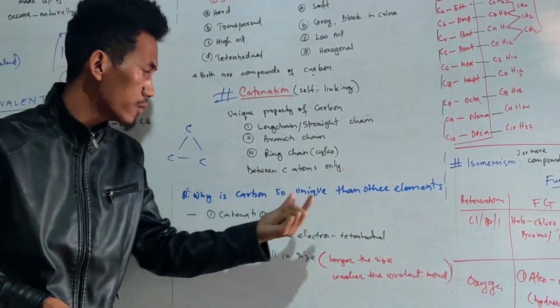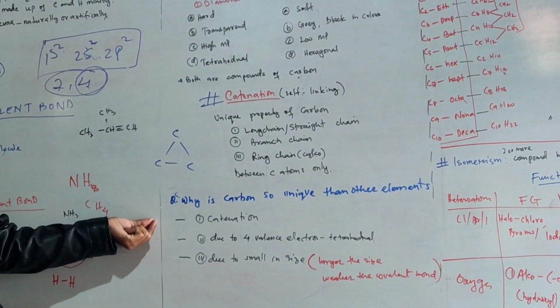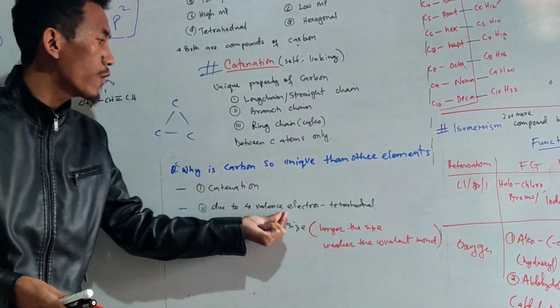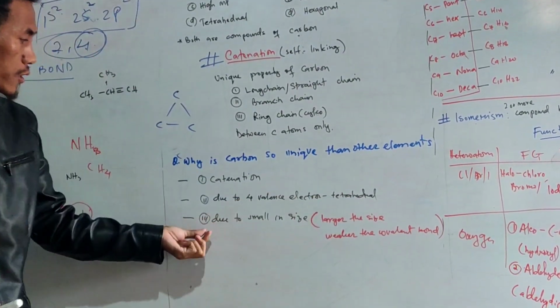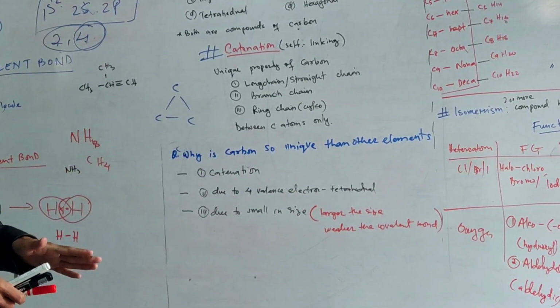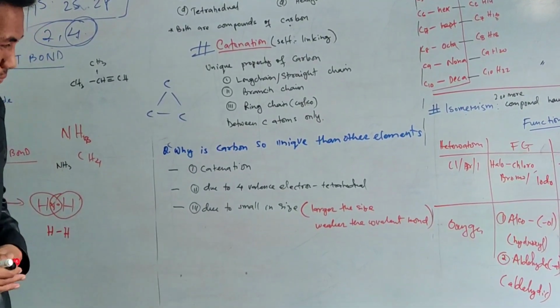The answer is: due to catenation, due to the 4 valence electrons, that is tetrahedral, and due to its small size. In group 14, carbon is the first family member.